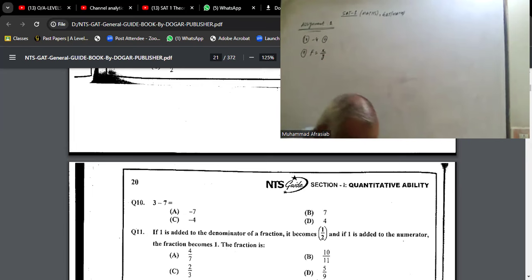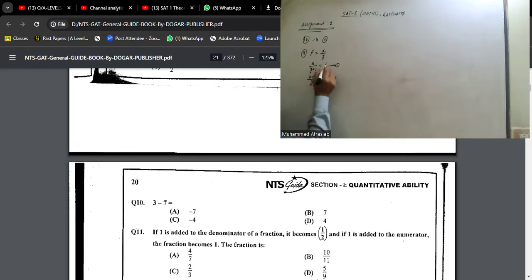The first statement is that if 1 is added to the denominator of that fraction, so that means x over y plus 1 is equal to half. Let's say it is equation number 1. And the second statement, if 1 is added to the numerator, that is x plus 1 over y, and that thing is equal to 1. Let's say that is equation number 2. Now you have to solve x and y for that.